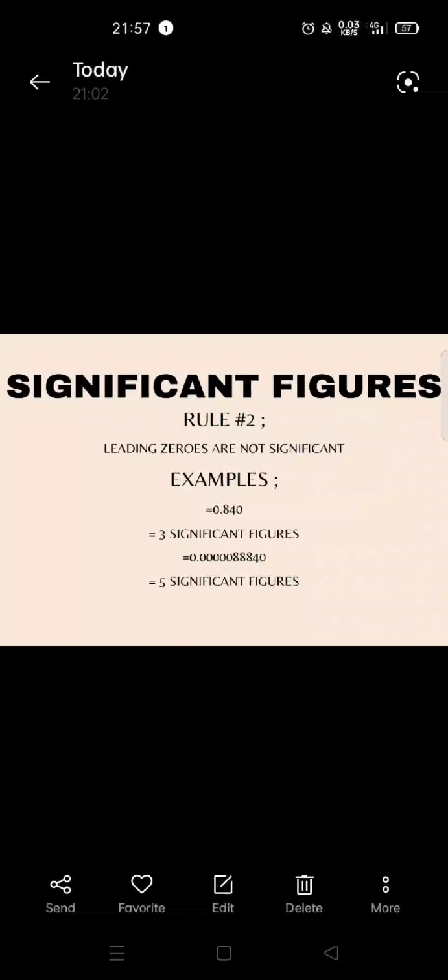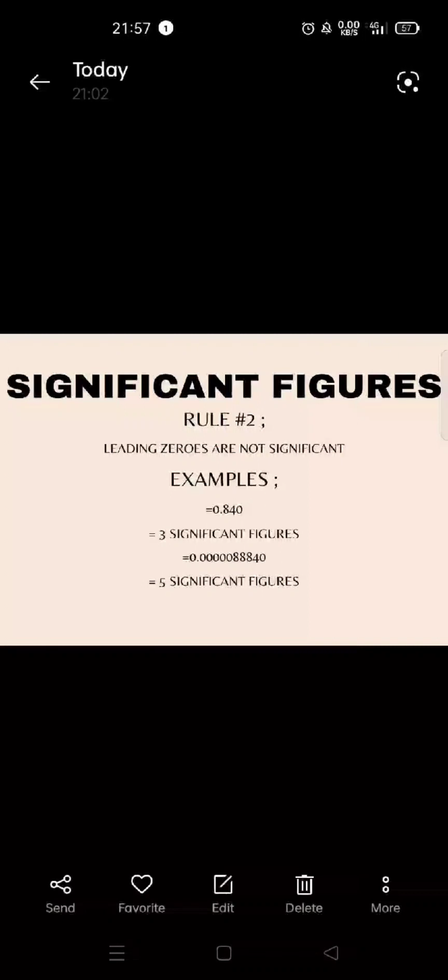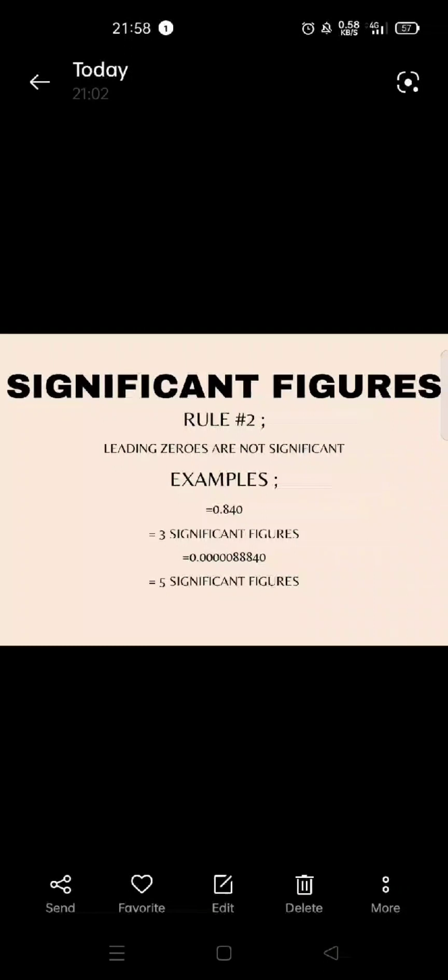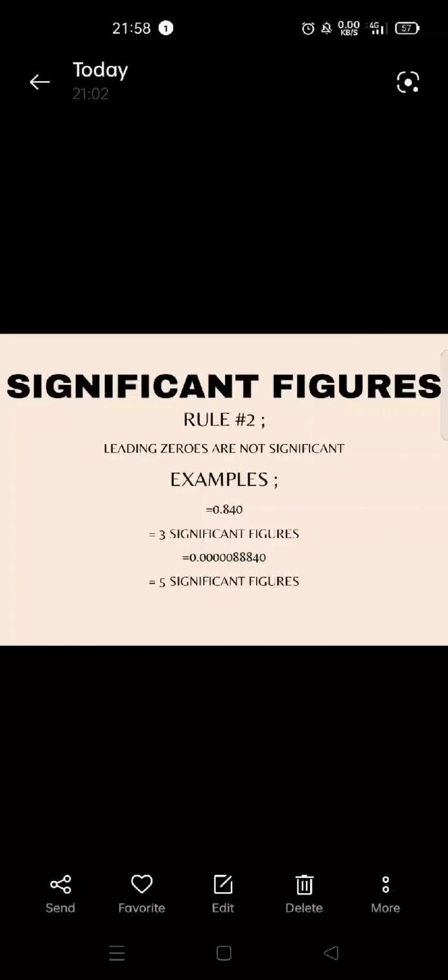So there are 3 significant figures. And the next one is 0.00000888840. The 6 leading zeros are not significant because that is the rule, and that's why there are only 5 significant figures.